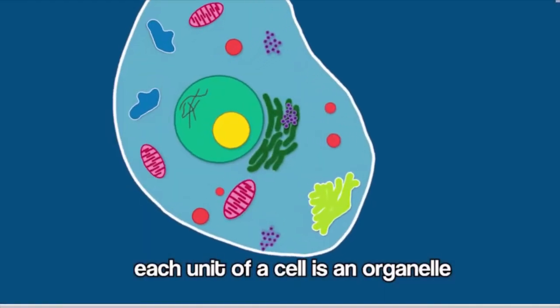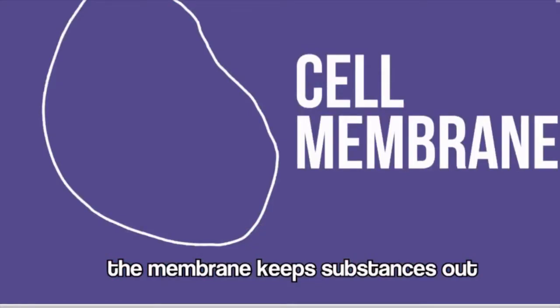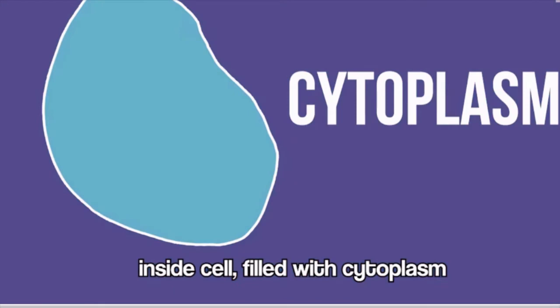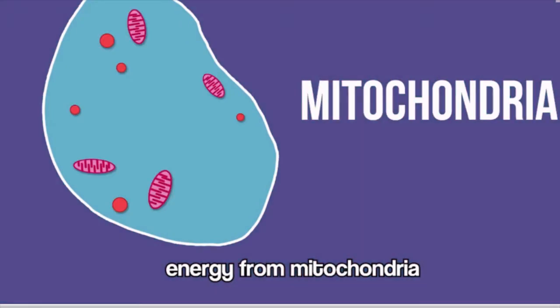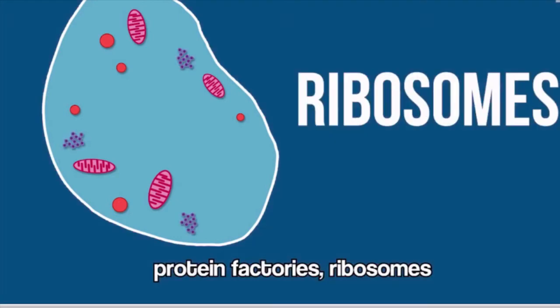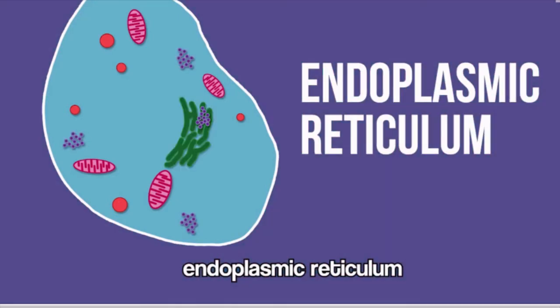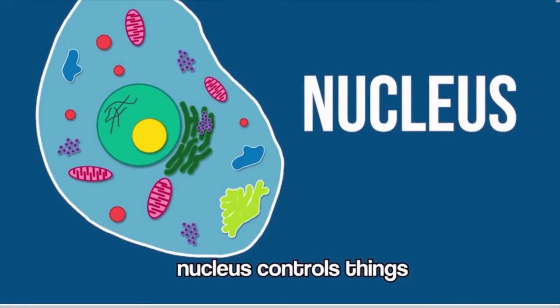Each unit of a cell is an organelle. The membrane keeps substances out inside, cell filled with cytoplasm. Lysosomes help break things down, energy from mitochondria. Protein factories, ribosomes, endoplasmic reticulum. Transfer substances like proteins, nucleus controls this.